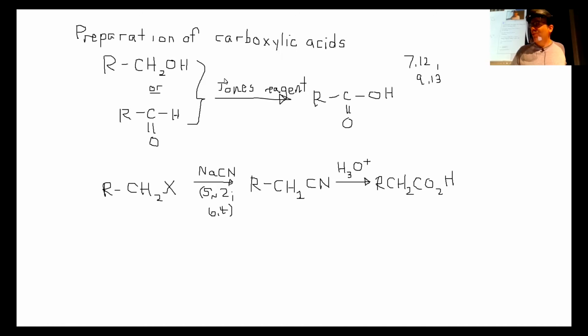Potassium permanganate would also work, by the way. Any of these really nasty reagents that involve, like I said, very highly oxidized chromium or manganese will certainly do the job for us. And if you need to review those reactions, those are back in chapters 7 and 9. So I've given you the addresses over here.